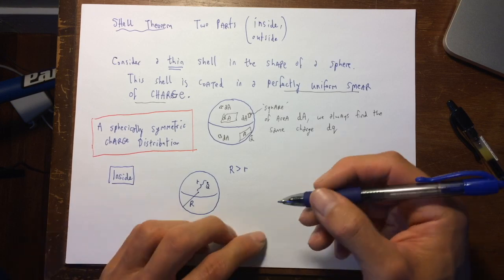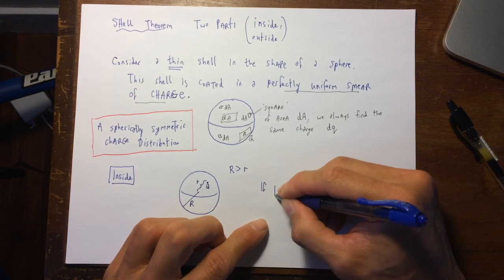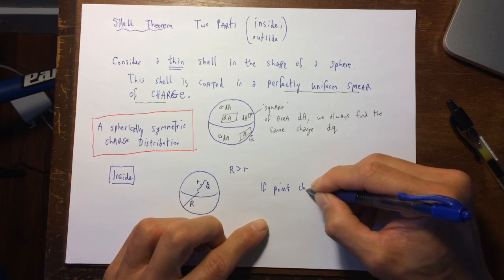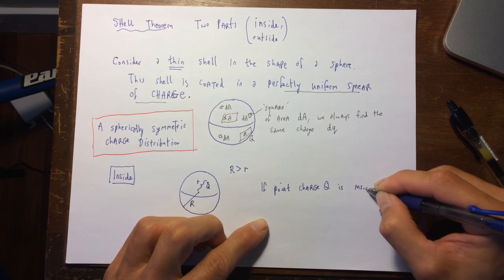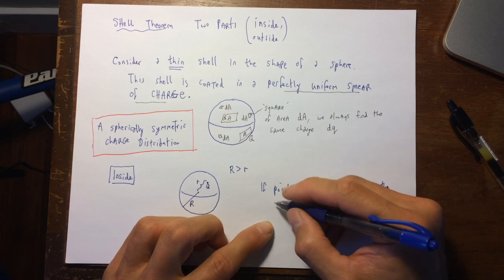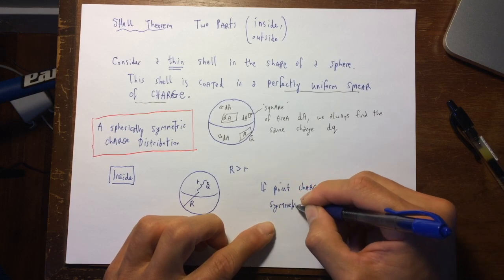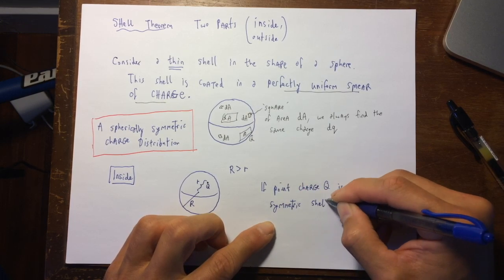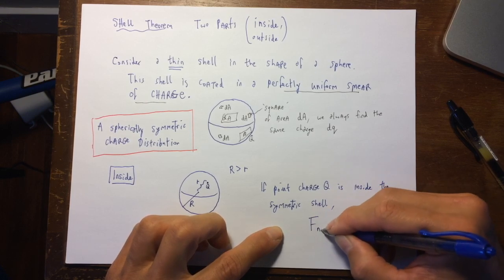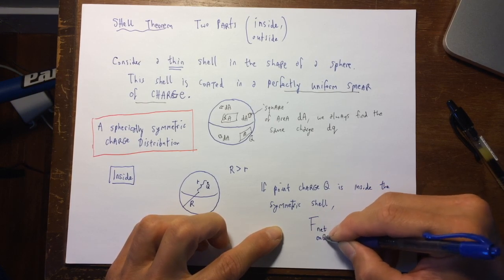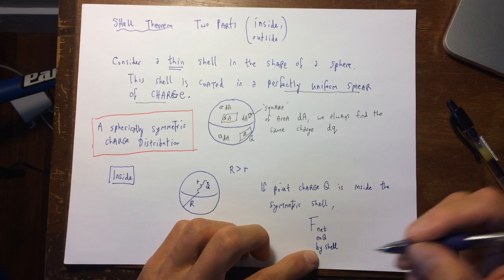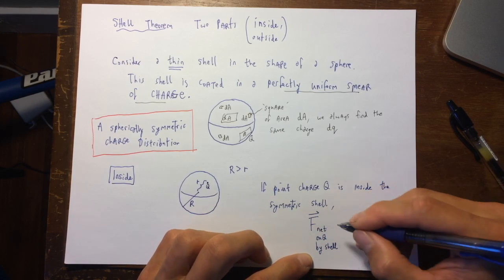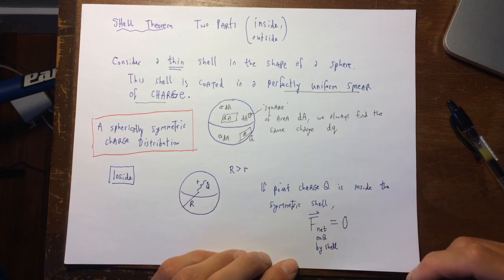So it turns out, if point charge Q is inside the symmetric shell, the net force on Q by the shell, right? All of the charge of the shell, it's pretty cool. It adds up to 0.